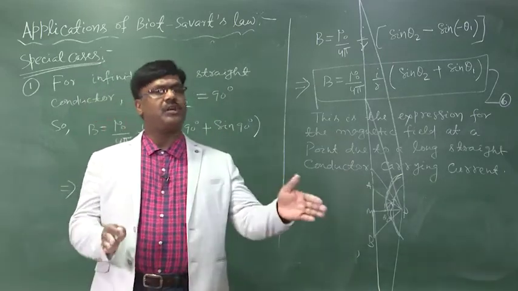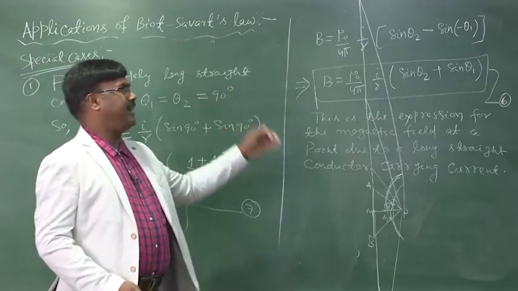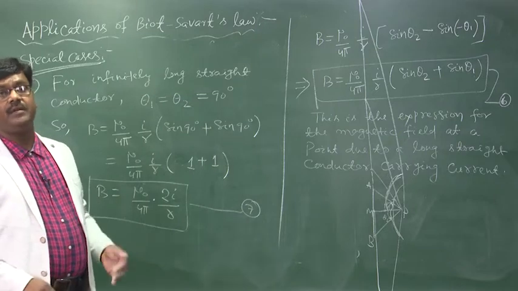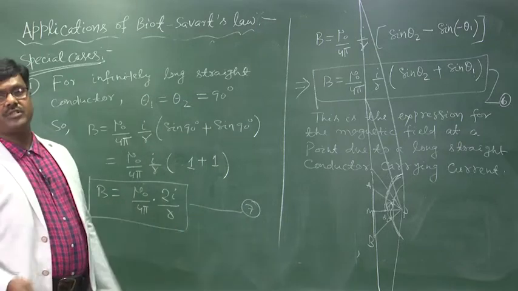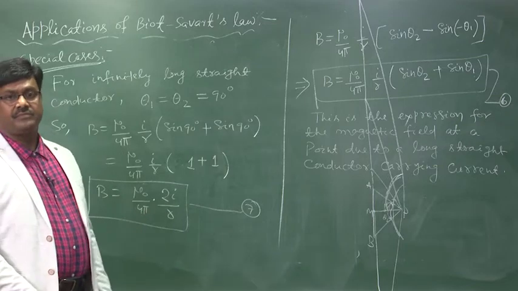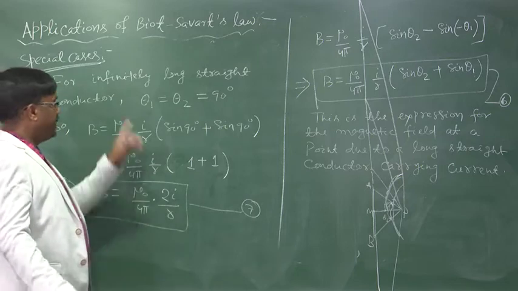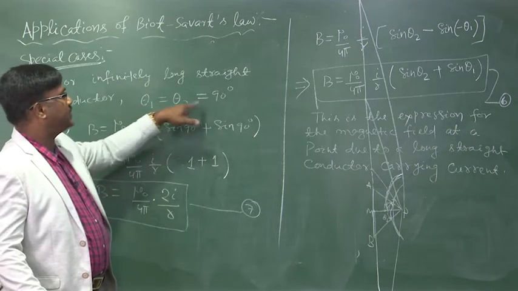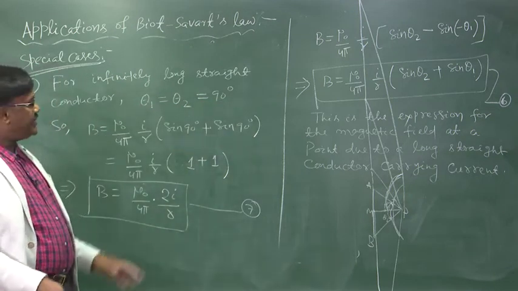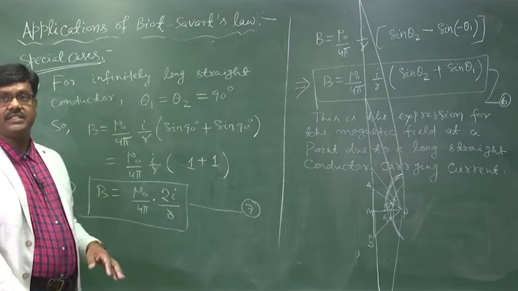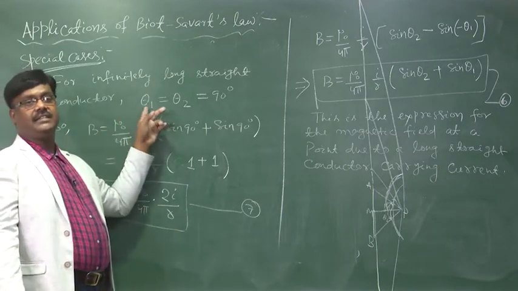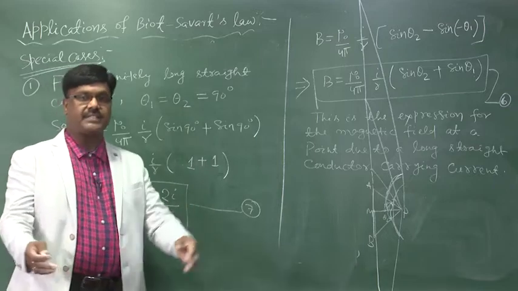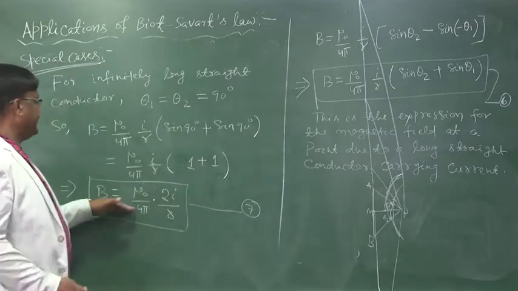But most books take the limits as theta 1 and theta 2, with theta 1 equal to minus 90 degrees and theta 2 equal to plus 90 degrees. As a result, the final result is the same.